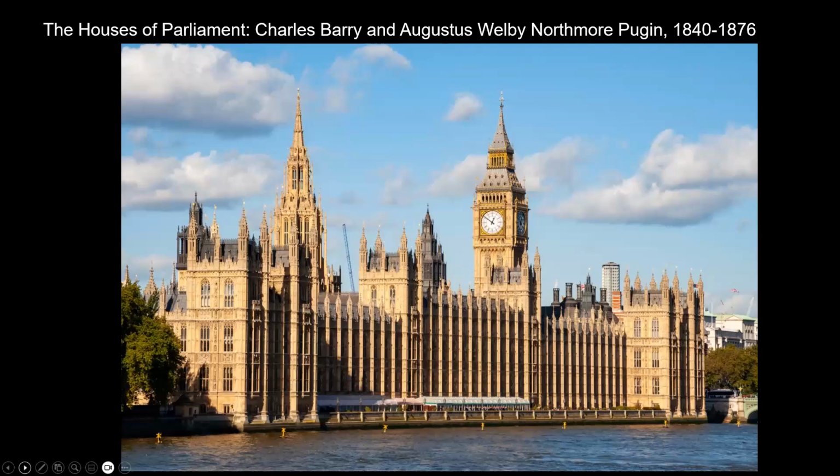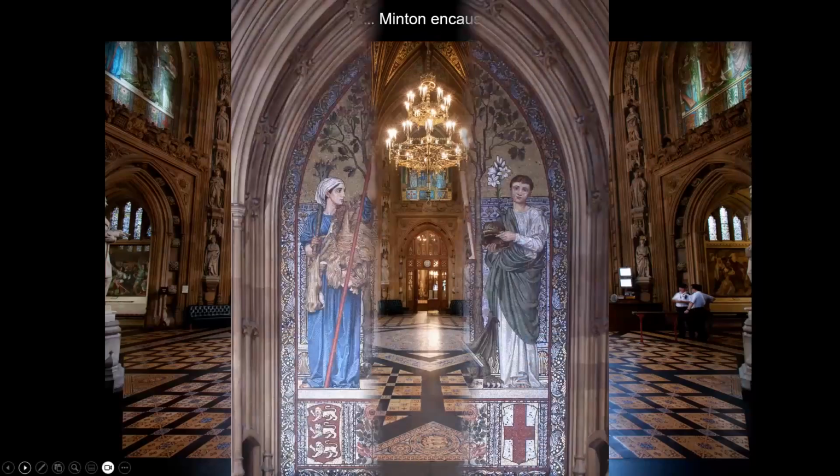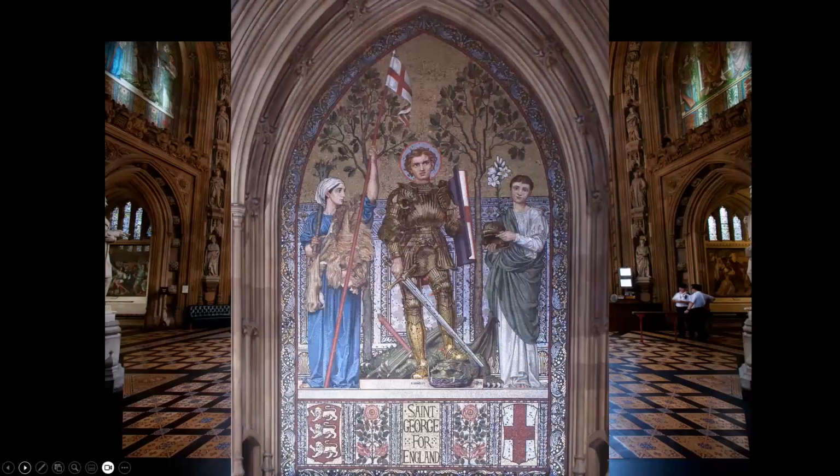So this battle becomes known as the Battle of the Styles, and it's very much rooted in this concept of giving architectural styles an ideology. I'm taking you here to the central lobby, not just to admire the amazing Minton encaustic tiles and the very obvious, fantastic Gothic ornamentation, but to show you this rather wonderful glass mosaic, which is by Walter Crane.